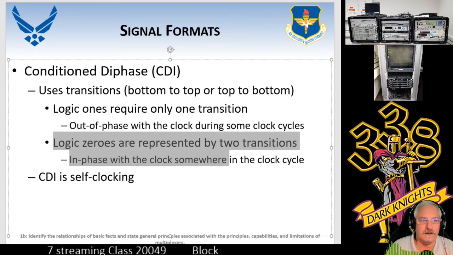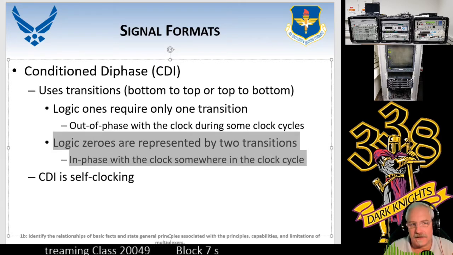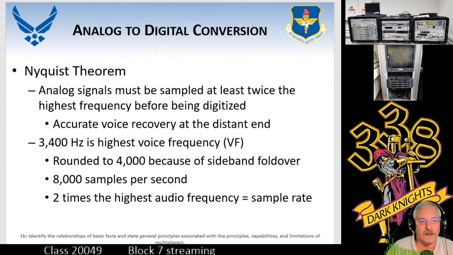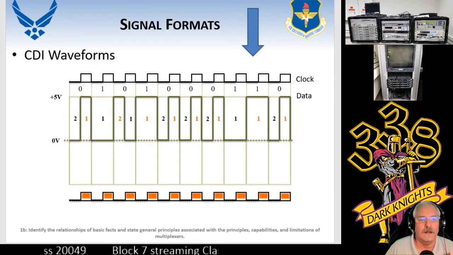With logic zeros, this is where the synchronization comes into play. It's always in phase with the clock cycle. So that's the reason why we can always say that CDI is self-clocking. So let's take a look at these.